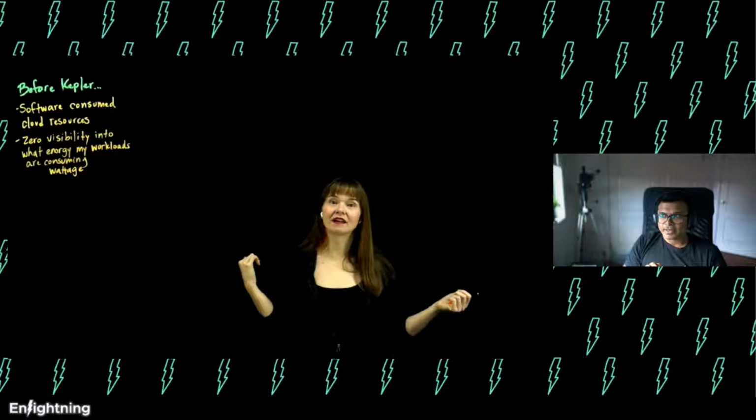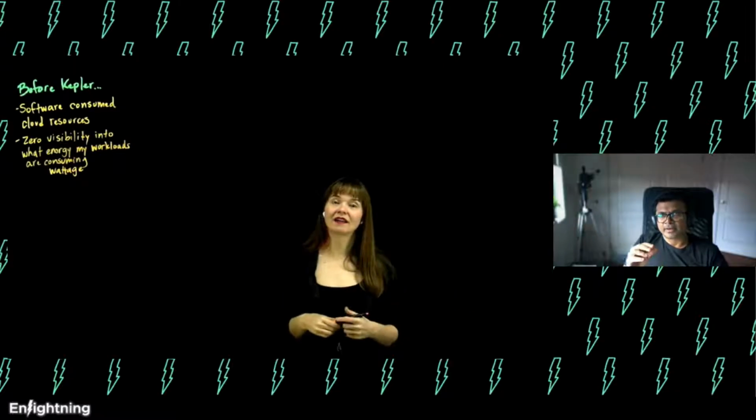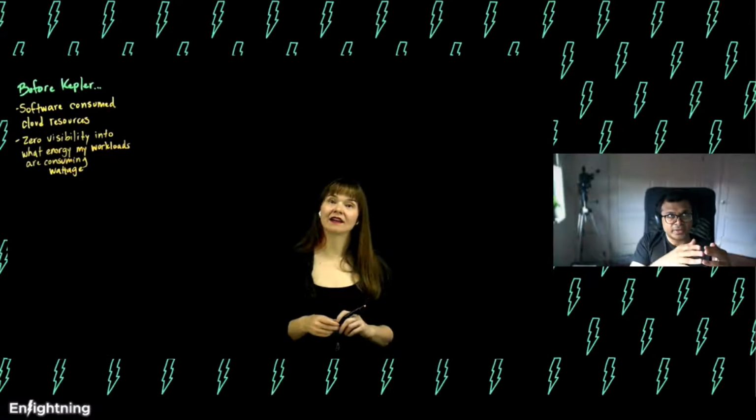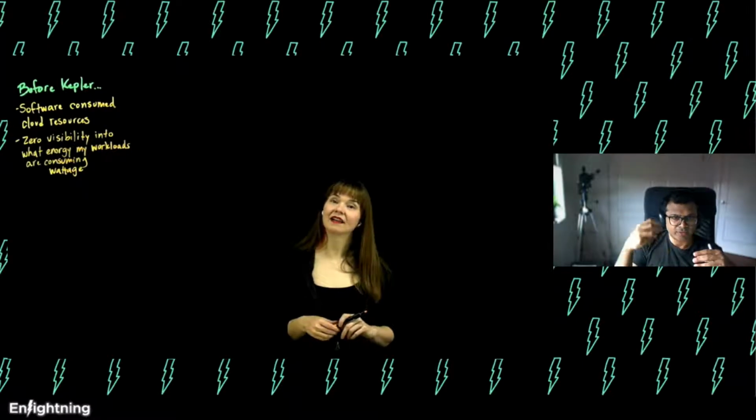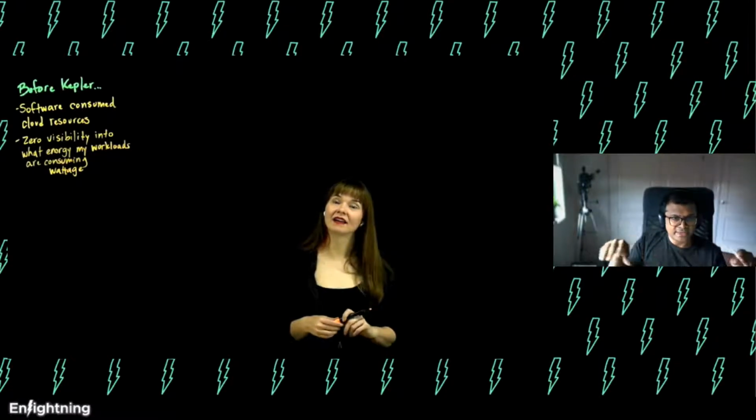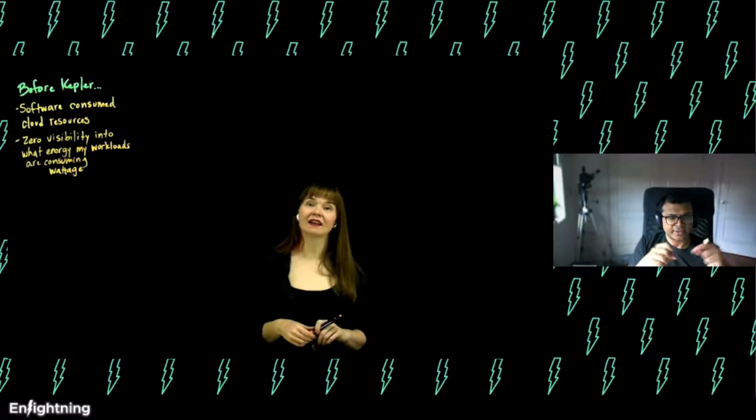However, let's say you're running a machine and it consumes some power by default. Now let's take that one step further: you're deploying your workload onto a public cloud, where a machine would be shared across multiple tenants.